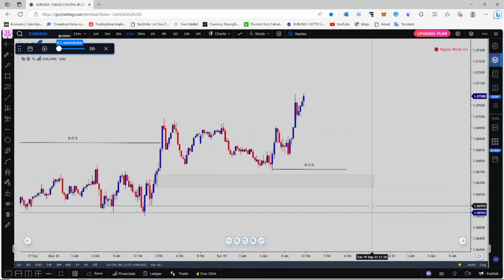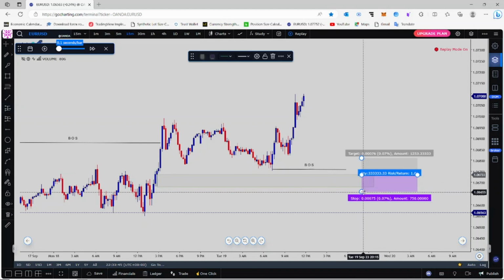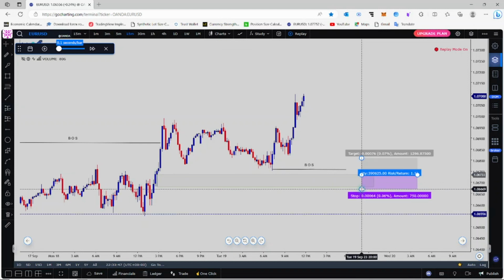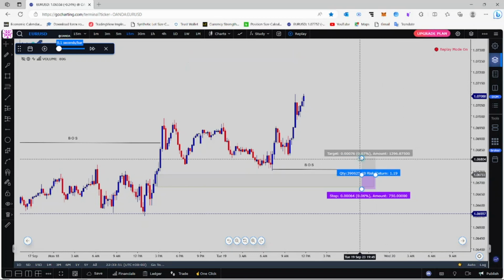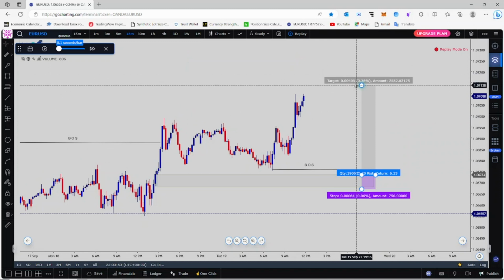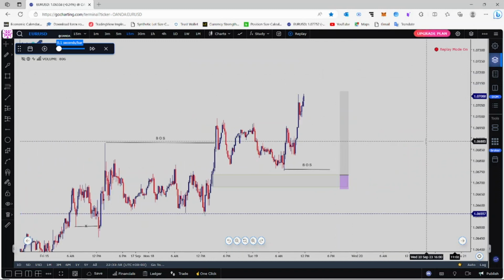I actually put my limit here. That was yesterday, and I got triggered in. So this is just to show you how the market was moving before we had the sell.